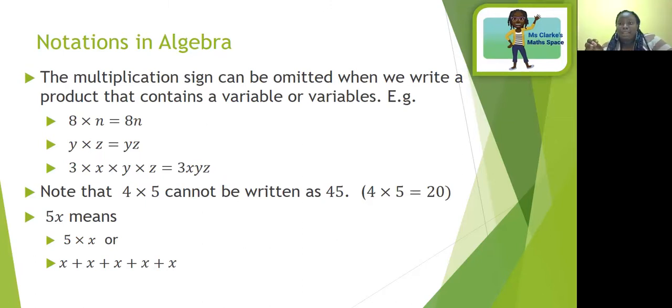If you have to combine numbers, you actually have to multiply it out. And it makes sense by my next point, where I have 5x, which could be written as 5 times x and I shorten it to be 5x. But what does 5x really mean? It means I have 5 x's, which is x plus x plus x plus x plus x, which gives us 5x. All right?